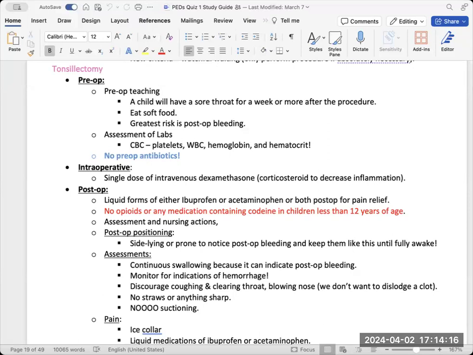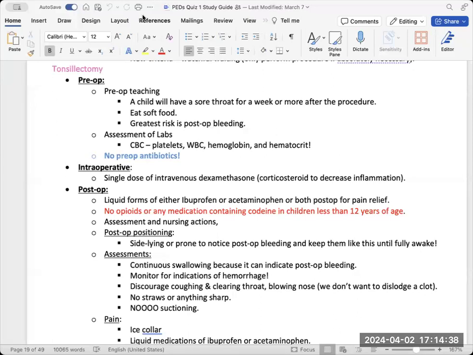It's not going to just be a few days, it's going to be a week or longer. We're going to tell them to eat soft foods, like what they should be doing afterward. This is our education. We're teaching them before the procedure and letting them know that they are at risk for post-operative bleeding. So we need to be aware of that.